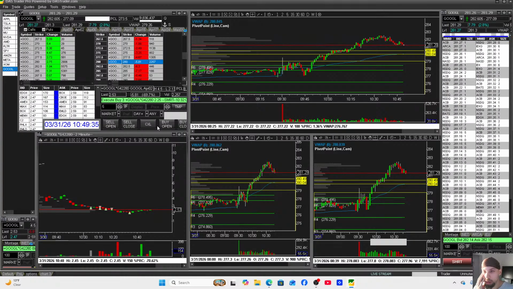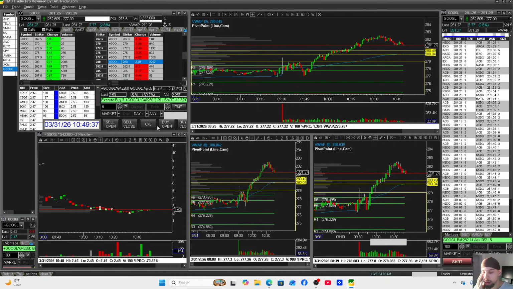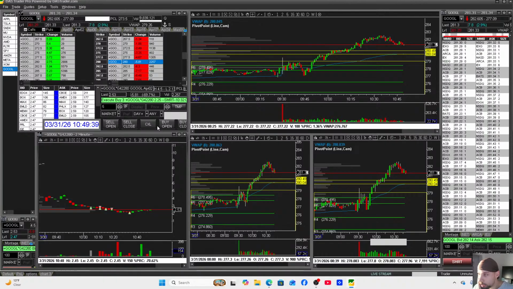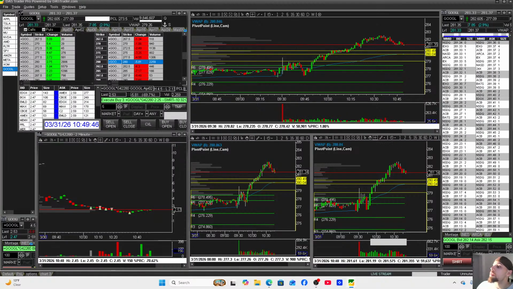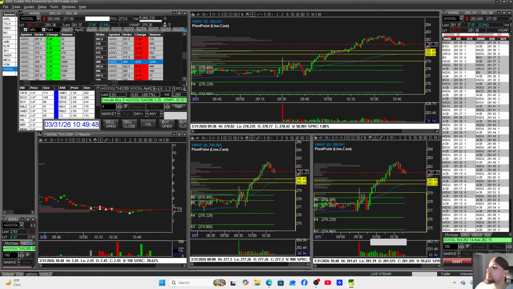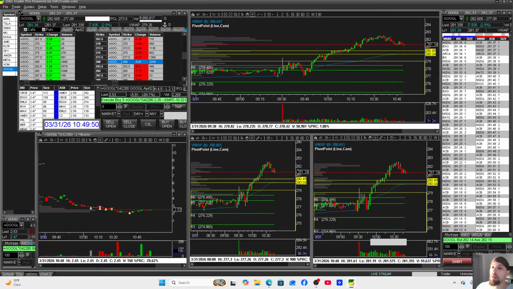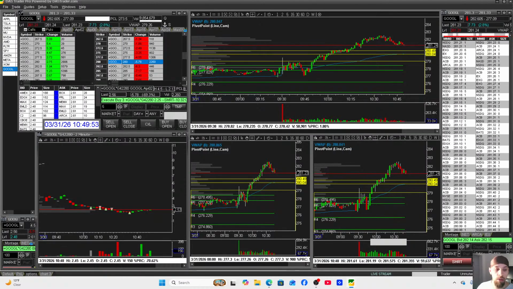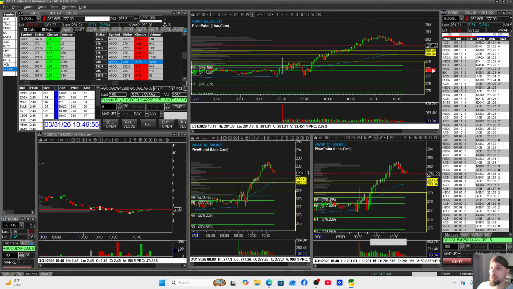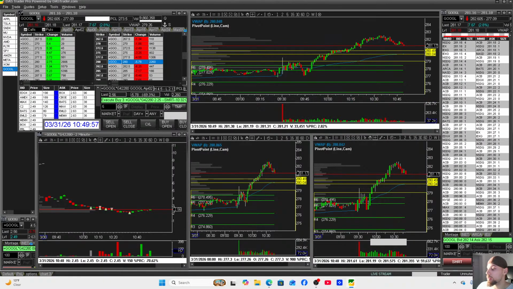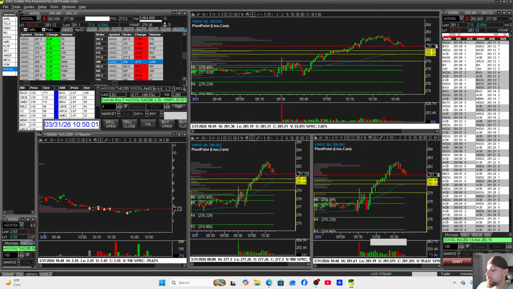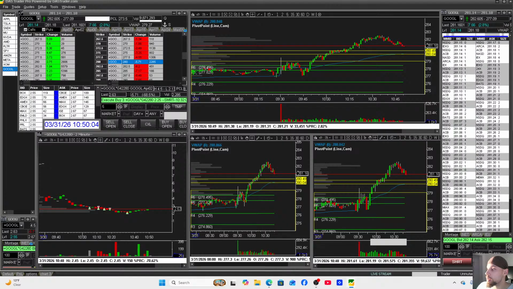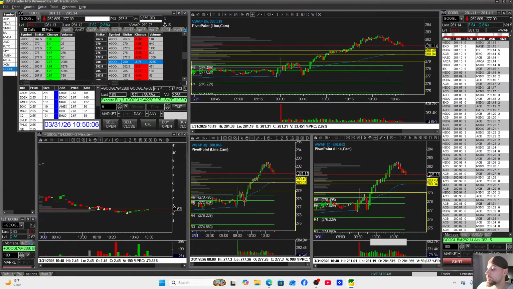SPY queues look weak. So SPY is going down and it's moving toward testing the opening 1 minute candle. This looks really good for me, guys. There's no reason to partial yet.